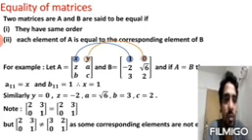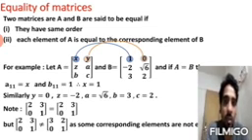One thing you should note is that if two matrices have the same order and the same elements but the positions are not the same, then they are not equal. You can understand that from this note example. Here is a matrix on the left-hand side, 2 3 0 1, order 2 by 2. Another, 2 3 0 1, has the same elements in the same positions, that's why they are equal.